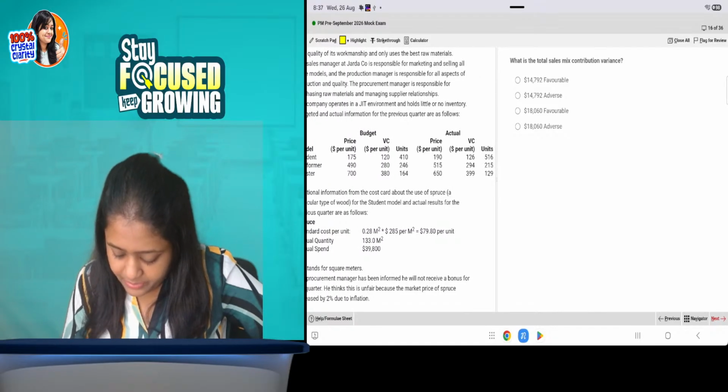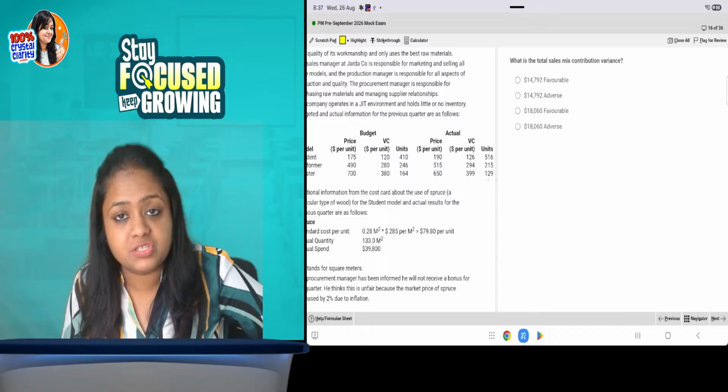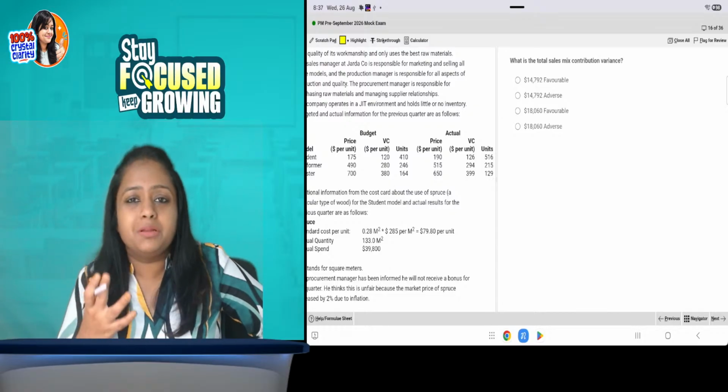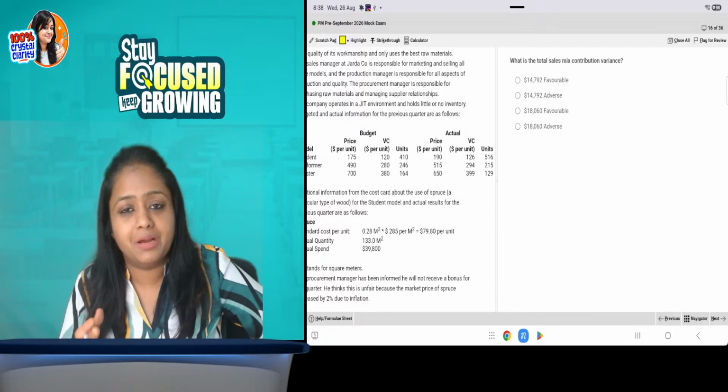Oh, so sorry, there is data given that we missed out. Actual units is given to you and budgeted units are also given to you. Budgeted units are given to you for calculation of budgeted mix.